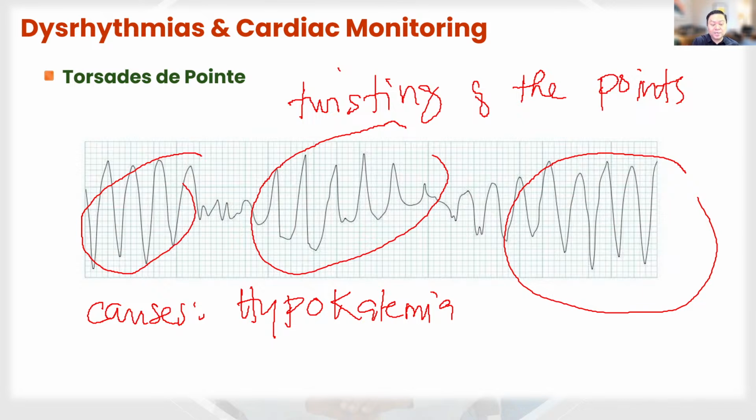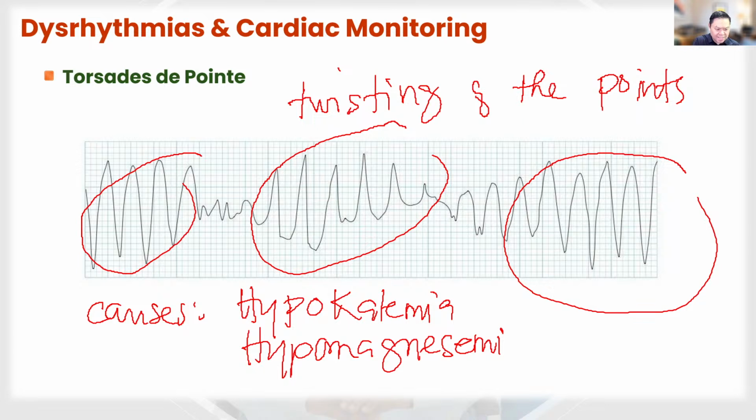Then they're going to develop this one. Now another is hypomagnesemia, a low magnesium level. So these are the known electrolyte imbalances that can lead to torsades de pointes.